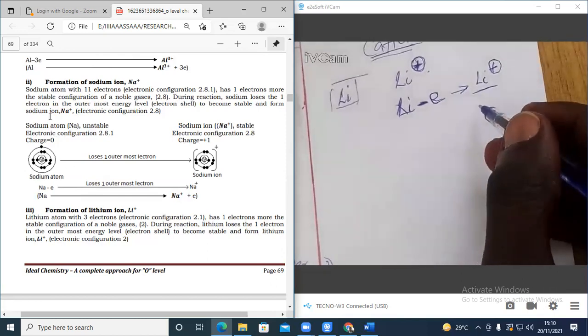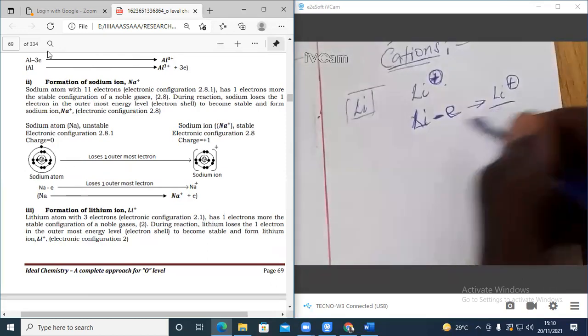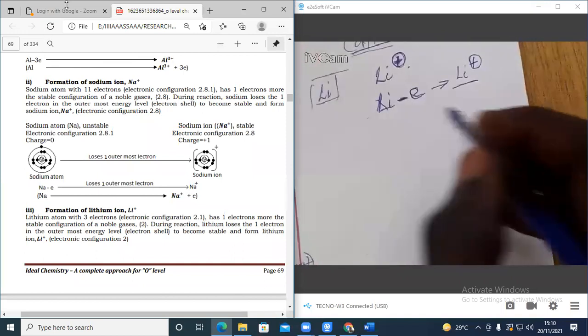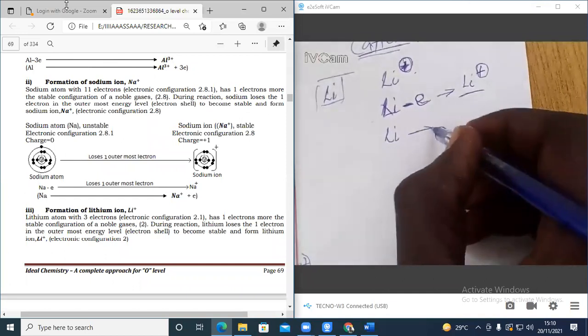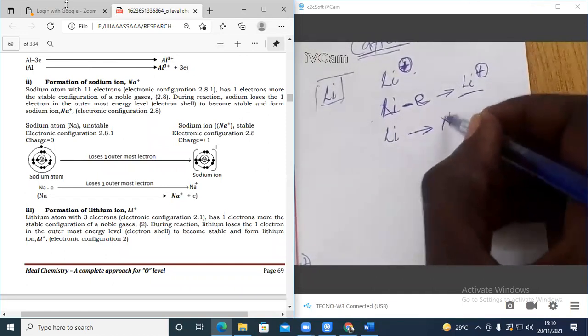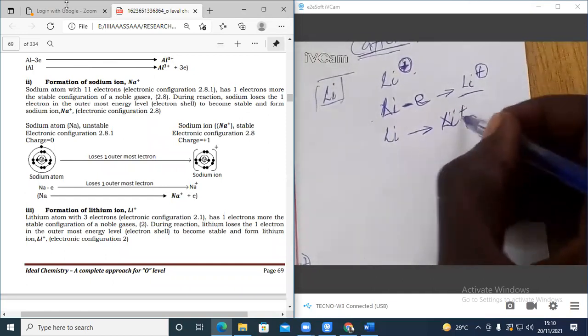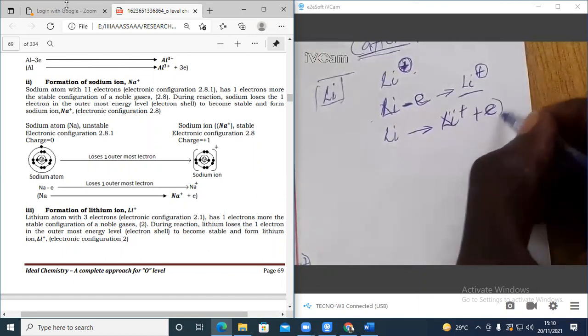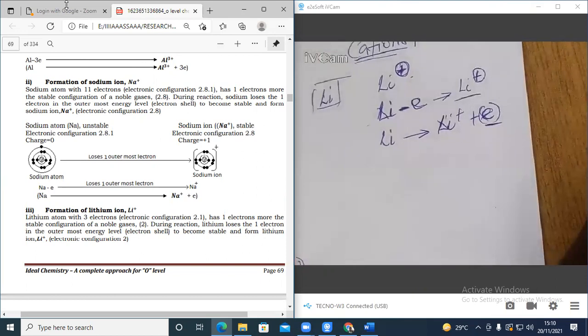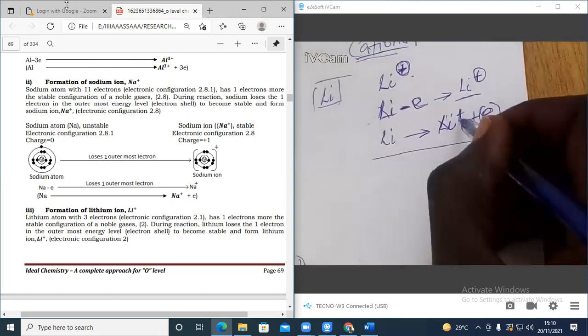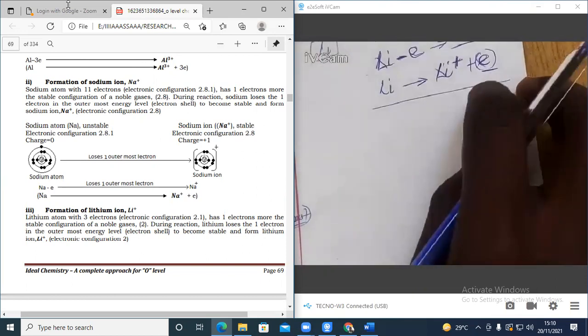Since it is hard to write this equation like this, it is better for you to write lithium. When it is charged, it becomes lithium ion plus the electron lost. That's for group 1. They always lose 1 electron. Now, when it comes to group 2, what happens?